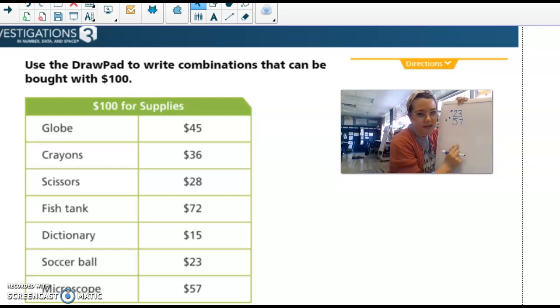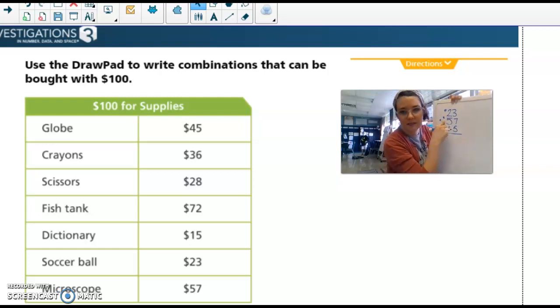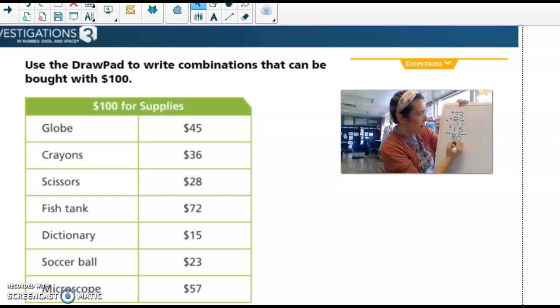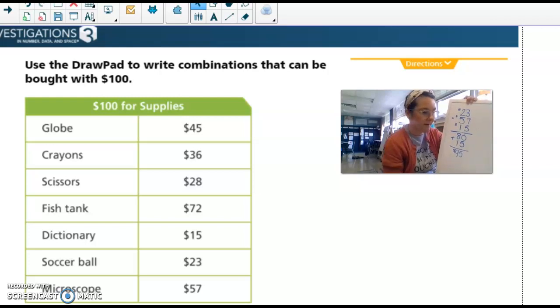So if I'm at 80 right now, I could buy a dictionary for $15. And that would still put me under budget. So let's make sure: 20 plus 50 is 70, plus 10 is 80. 3 plus 7 is that friendly number 10, plus 5 is 15. So I still came in under budget at $95.